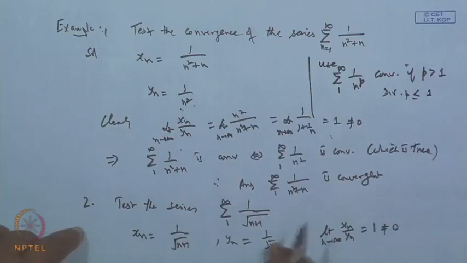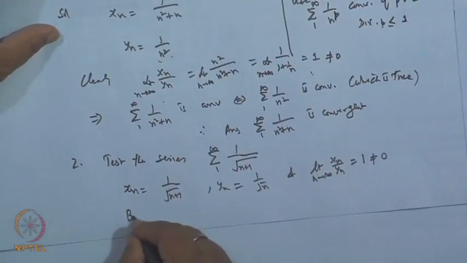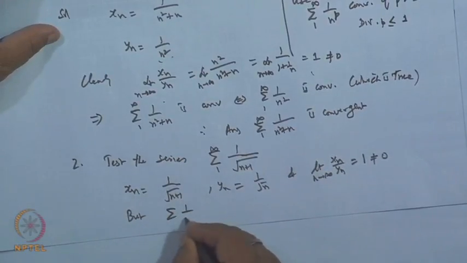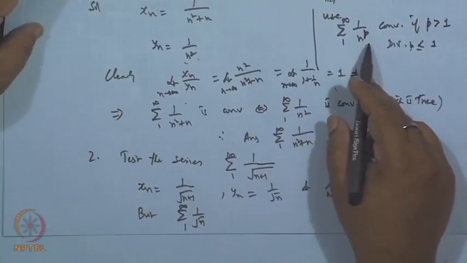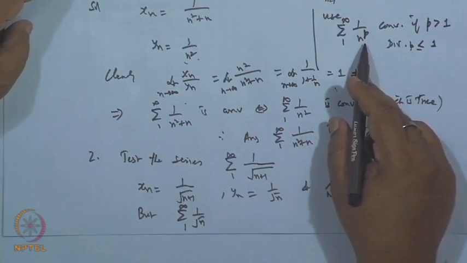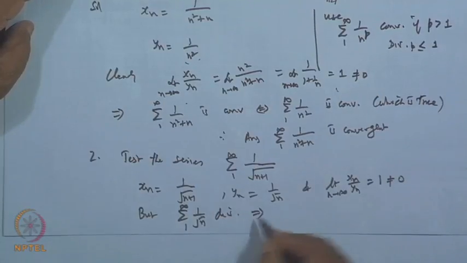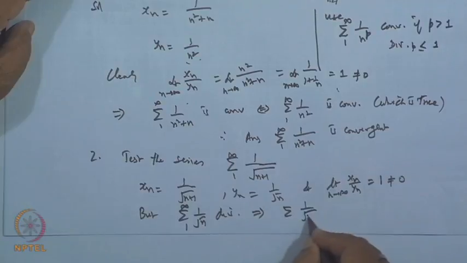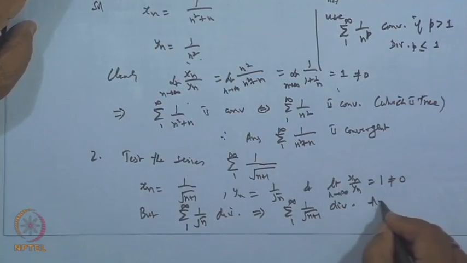It means the nature of these two series is identical, but the series sigma 1 by root n from 1 to infinity is of the form sigma 1 upon n to the power p, where p is less than 1. So, it diverges. Therefore, the series sigma 1 by under root n plus 1 will also diverge, and that is the answer.